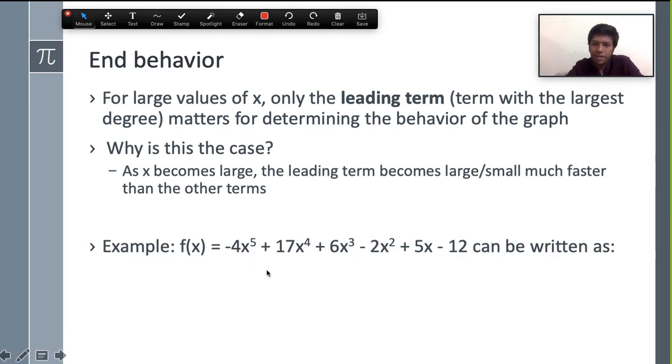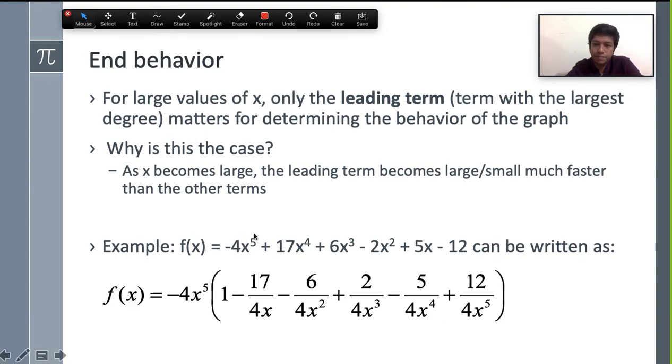If you look at this graph, the end part of the graph will depend on this maximum power. The reason is that when the values are large enough, the graph heavily depends on this maximum power of the degree.